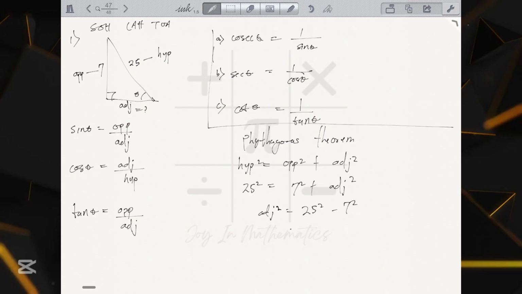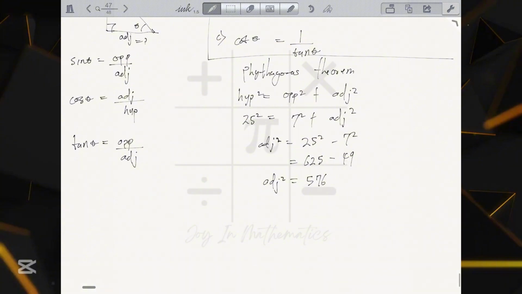This is equal to 625 minus 49, which is equal to 576. 576 is the adjacent squared. Definitely we can simplify our adjacent to be the square root of 576, which is equal to 24. So our adjacent is equal to 24.